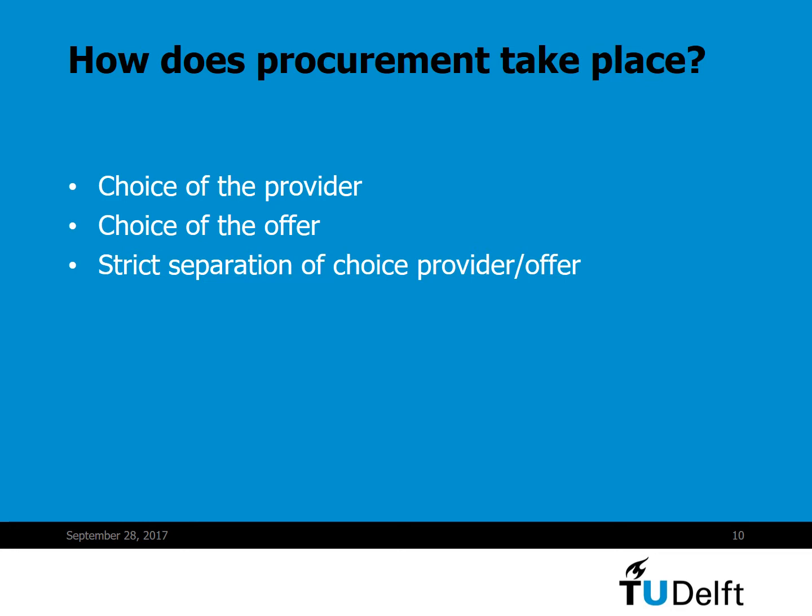And like I said before, we have a strict separation between choosing the provider and choosing the offer. In principle, you first choose the provider on the basis of certain criteria that I will show in a second. Then, when you have certain providers who meet the criteria, from those providers you will look at their offer.